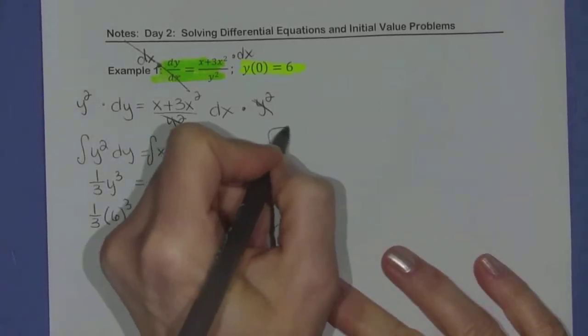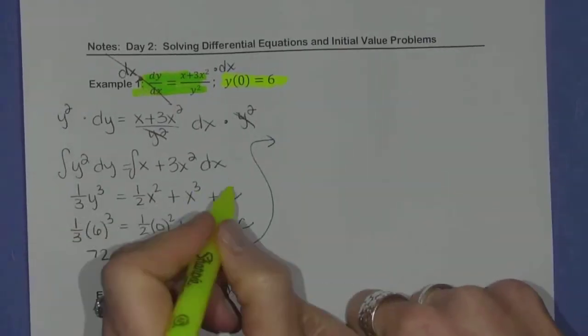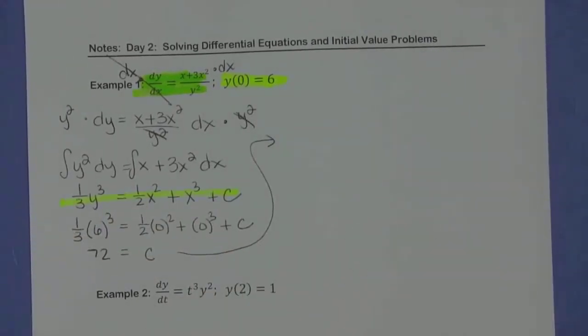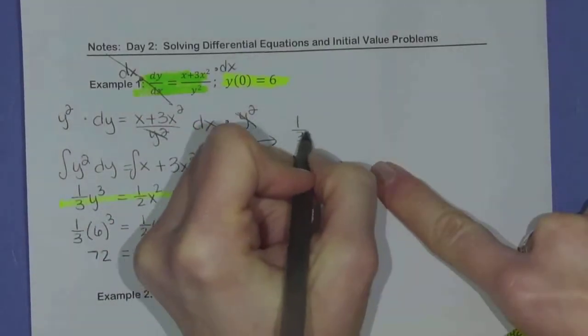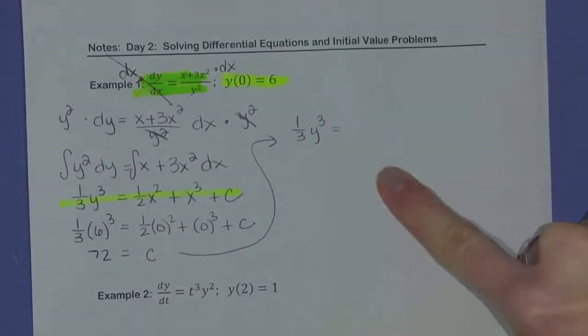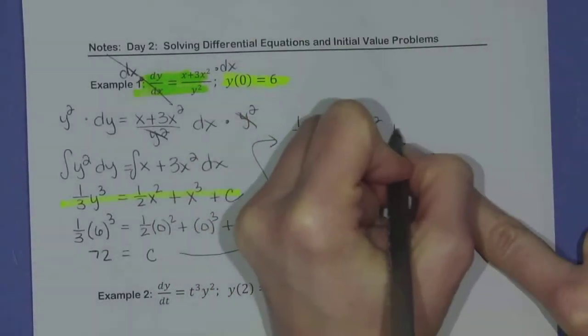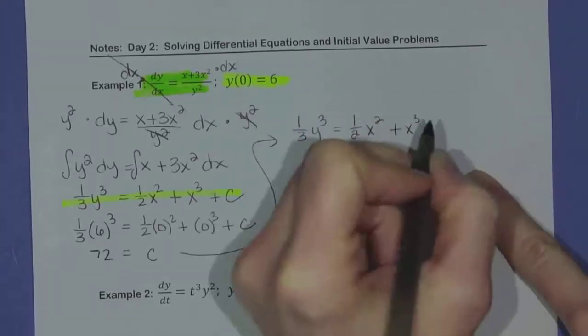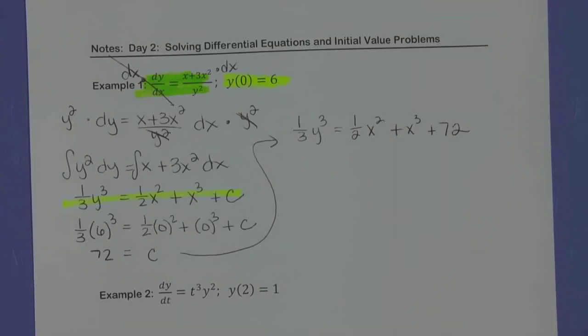Coming over here, I'm going to go back to this equation and add my c in. So I'm going to have 1/3 y^3 equals 1/2 x^2 + x^3 + 72.